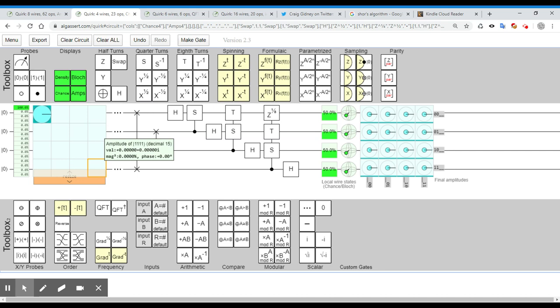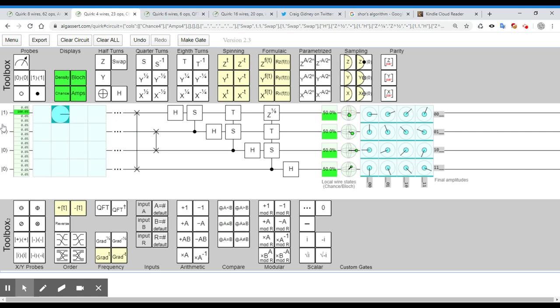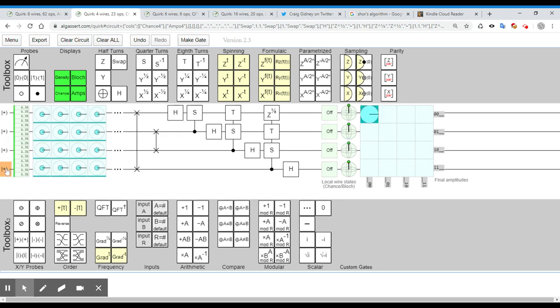So what happens if we've got here, for example, the superposition plus plus plus? Interesting. So you get a 0 0 0.